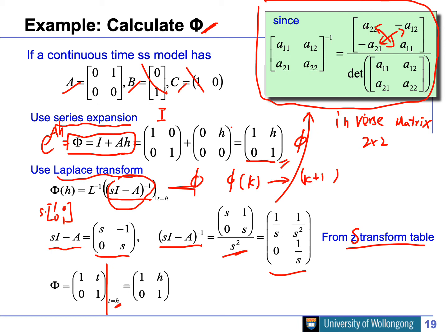We're looking at the transition with one sampling period. In this case, it is T. So phi is equal to exactly the same thing as what we got. Well, that should be the case, right? It shouldn't be different because we just use two different ways to solve one question.